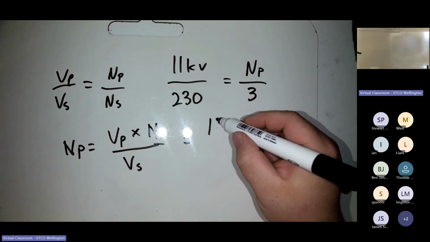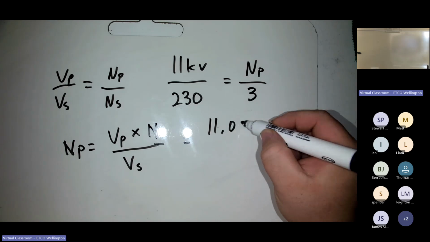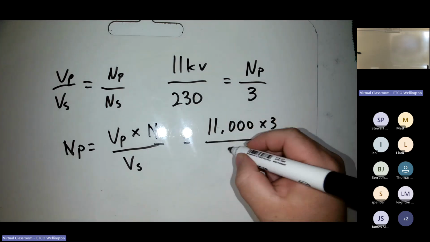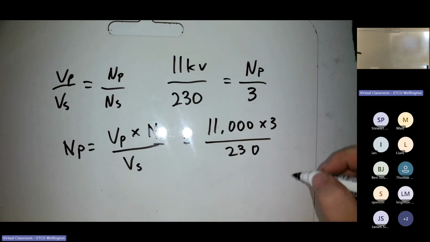Yeah, we know we're going to do 11,000 times 3 divided by 230.